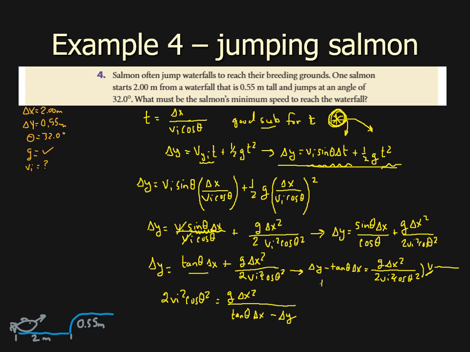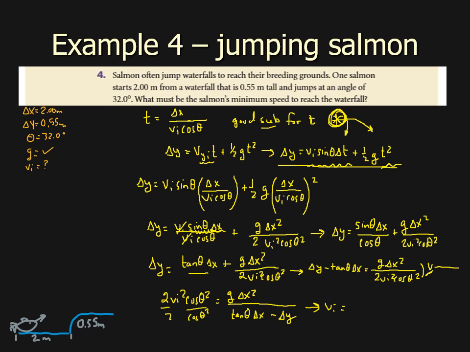If you rearrange it, you would add tangent delta x and subtract delta y to get these across the arrow. Let's see here. There we go. And isolate VI, so all I got to do is divide by 2, divide by cosine of the angle squared, and then square root the whole thing.